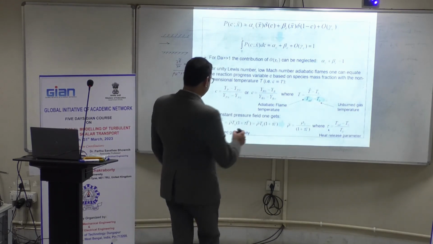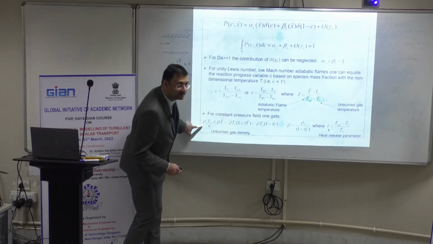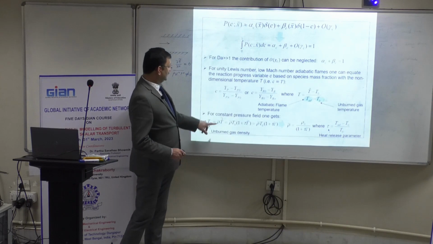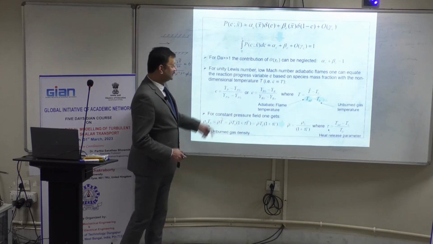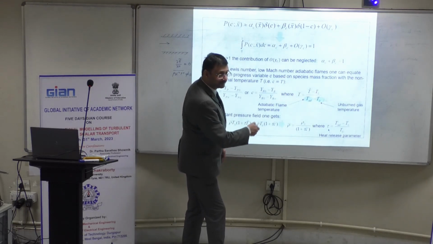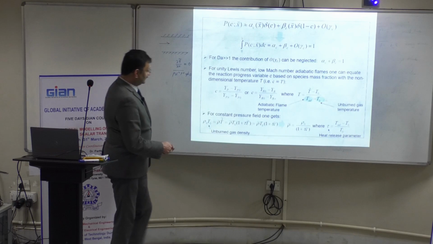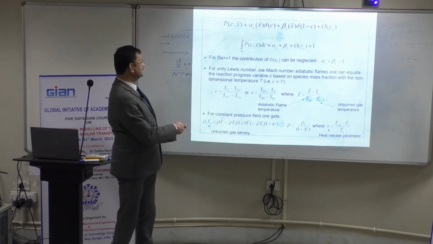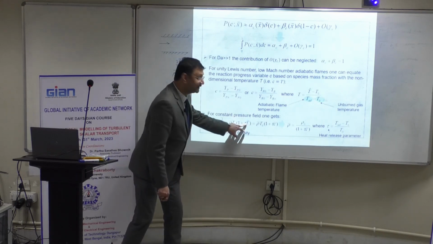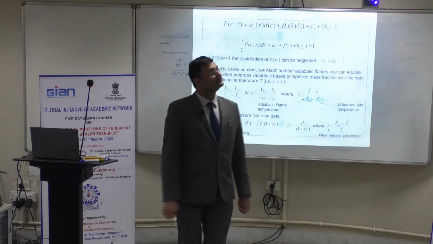So there are a couple of things I needed to do. T0 is the unburned gas temperature, rho 0 is the unburned gas density. Effectively, this one, T hat, I can write in terms of this equation. That yields this equation. As C is equal to T tilde, I am replacing T tilde by C tilde.